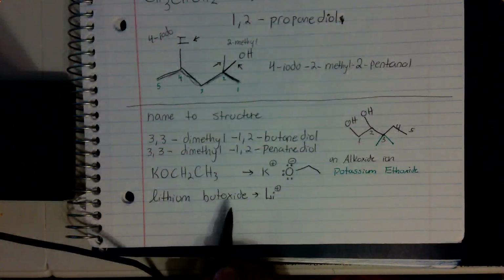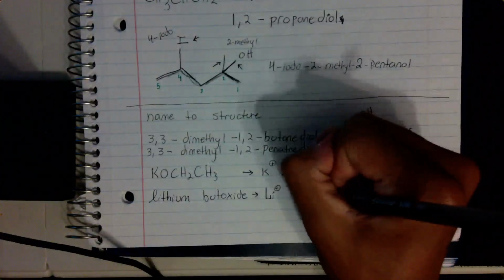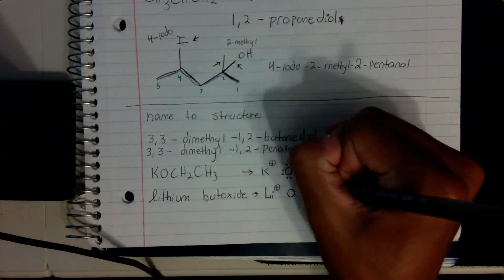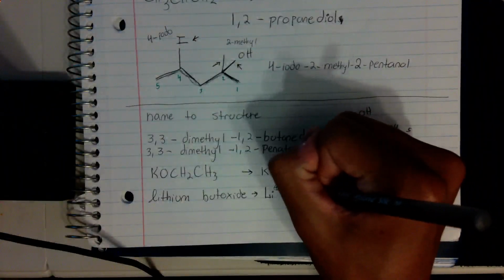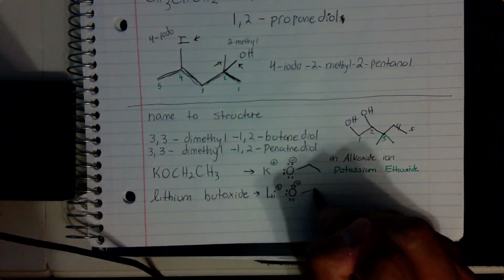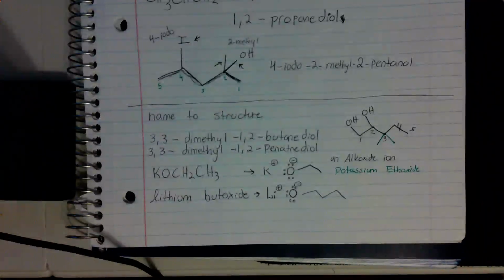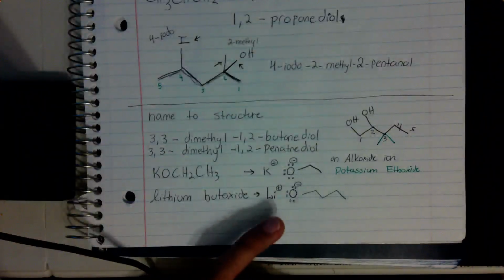And I need the alkoxide ion attached to a butyl chain. So here's my alkoxide ion, and it's attached to a butyl chain. So I'm going to have 1, 2, 3, 4. This right here is lithium butoxide.